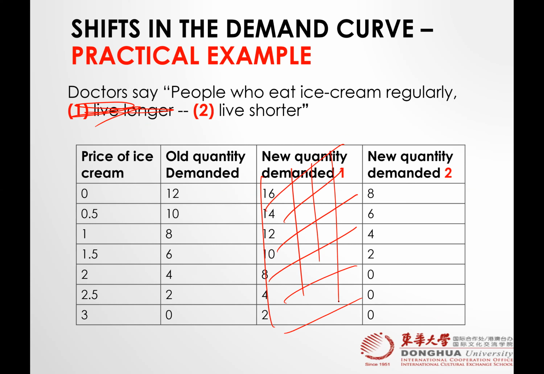So we have the old scenario here where the normal market demand is that at 0.5, the quantity demanded is 10, at 1.5, quantity demanded is 6, at 2.5, quantity demanded was 2. Now what happened? The doctor says people who eat ice cream regularly live shorter. The shopkeeper, the person who is selling ice cream, experiences his demand curve like that. At 0.5, 10 ice creams were sold, but now 6.